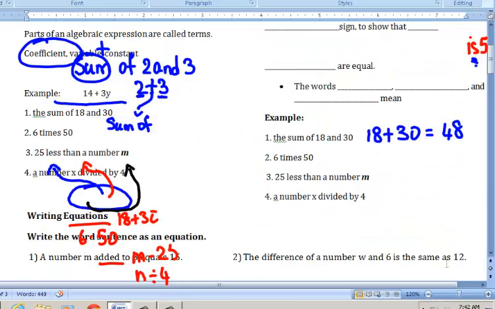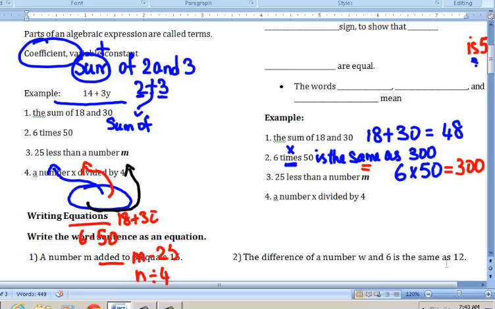Okay, now 6 times means multiplication, so 6 times 50 is the same as 300. So I'm going to rewrite this as 6 times 50, and we all know that is the same as, means equal to, so equals 300.